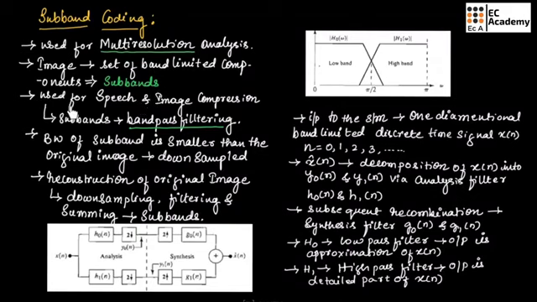This technique is used for speech and image compression, where each subband is generated by bandpass filtering the input image. Since the bandwidth of a subband is smaller than the original image, the subbands can be downsampled without loss of information.